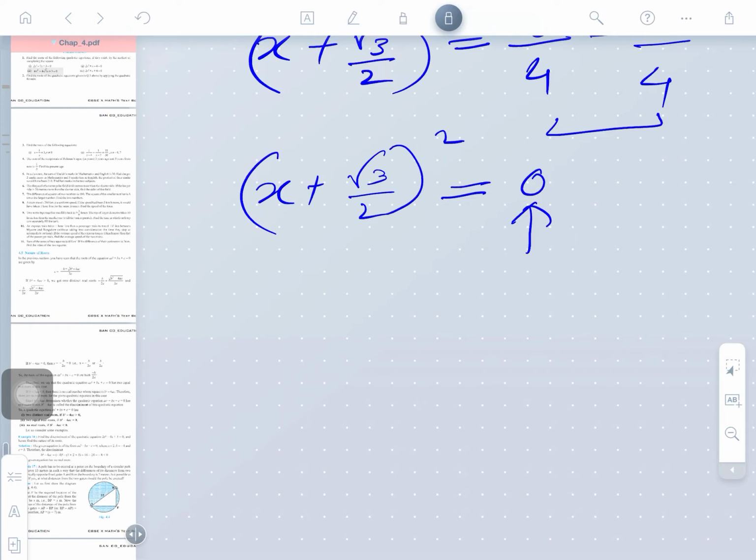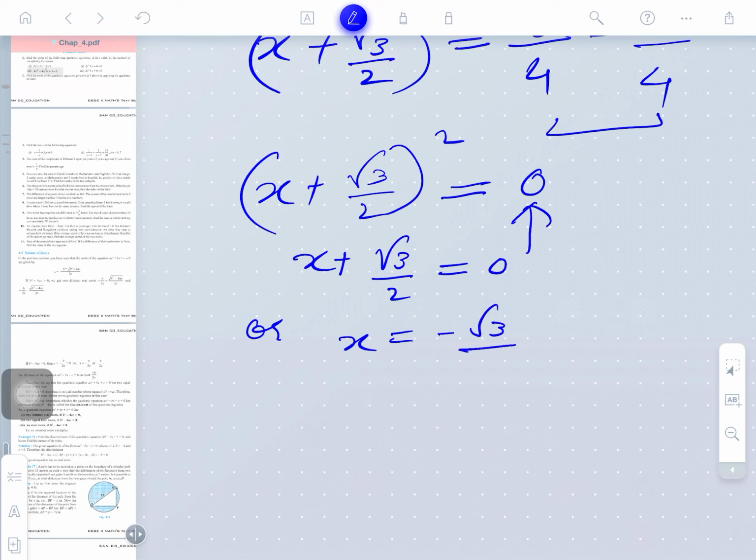Further it can be written as x + √3/2 = 0, obviously. So here you will see x is equal to -√3/2. You will think that only one value of x is coming, whereas the equation is quadratic, its degree is 2. So there should be 2 values of x, but only one value is coming.